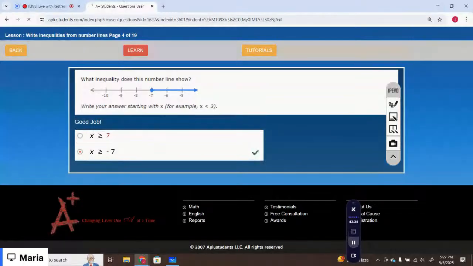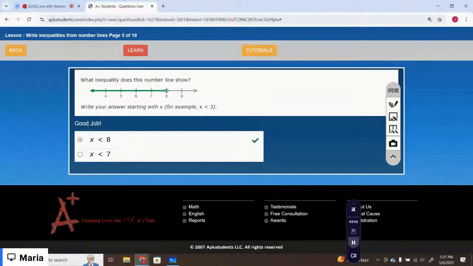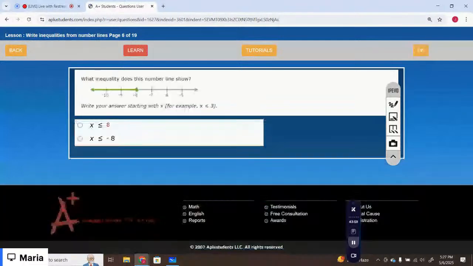Okay, the next one. What inequality does the number line show? So which is the correct option? X is less than 8. Option number one is the correct option. What inequality does the number line show? So which is the correct option? That is x is less than -8.